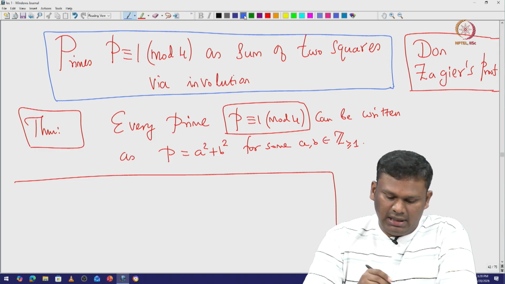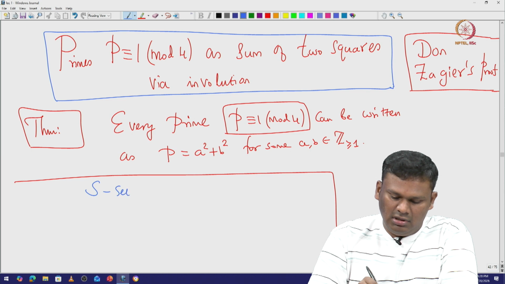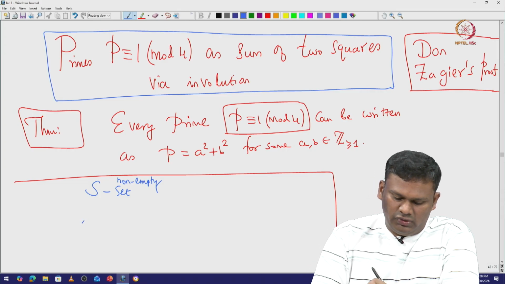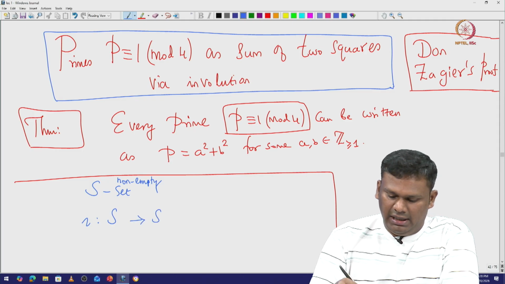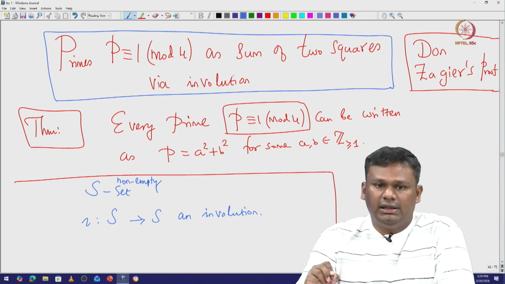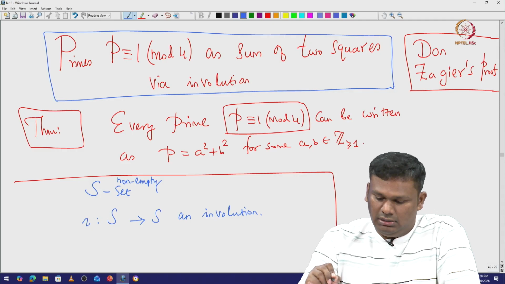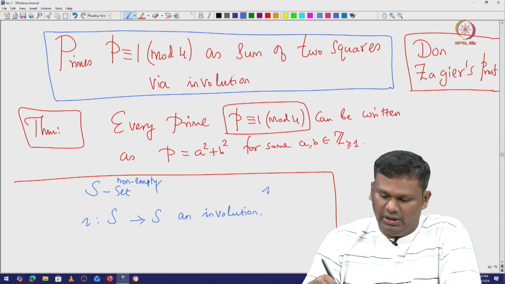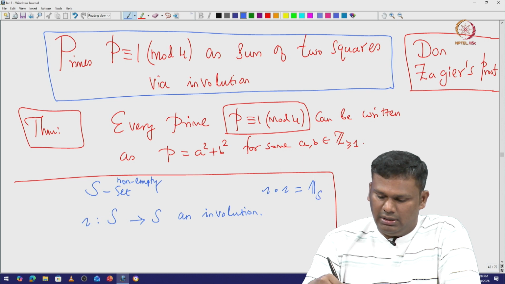Suppose we have a set S, which we assume to be non-empty so that we can talk about functions on it, and suppose we have this iota, which is a map from S to S. Let us say this is indeed an involution. We have already seen that iota composed with iota must be the identity on S, that is the definition.